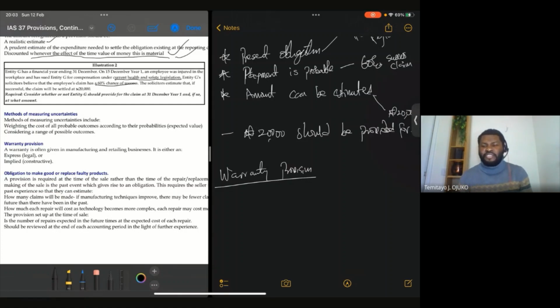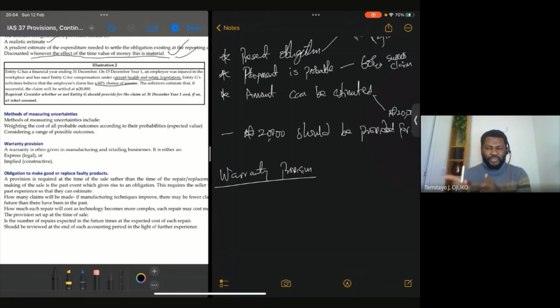If there are certain defects, especially if you've used the item according to the instruction given by the producer, by the manufacturer, then you know that you're entitled to that warranty. It could be a 1 year warranty or 2 year warranty, depending on the kind of product. Now, this is a typical example of a provision that the company should make.